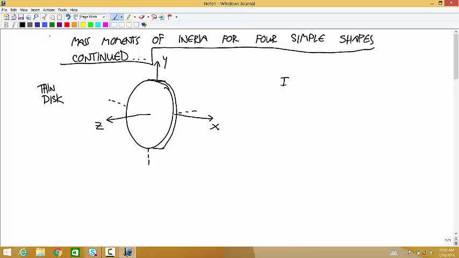Again, just like with the thin rectangular plate, you have to consider whether this thing is rotating like a blade, like a rolling wheel, or whether it's rotating like a paddle or like flipping a coin. That's going to determine which one of these you use.